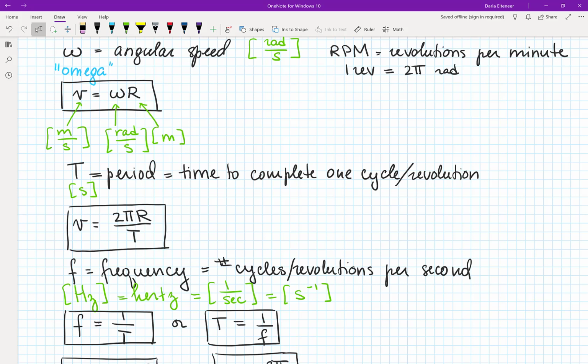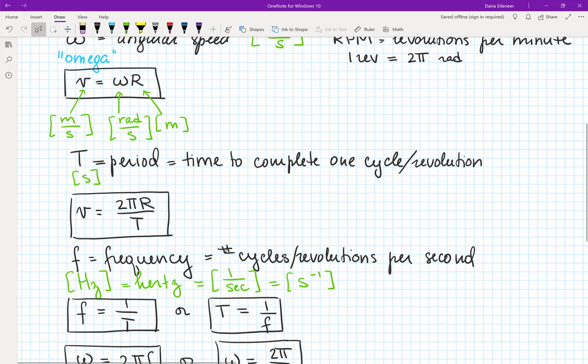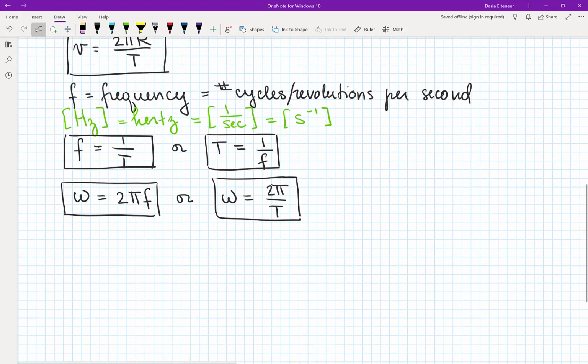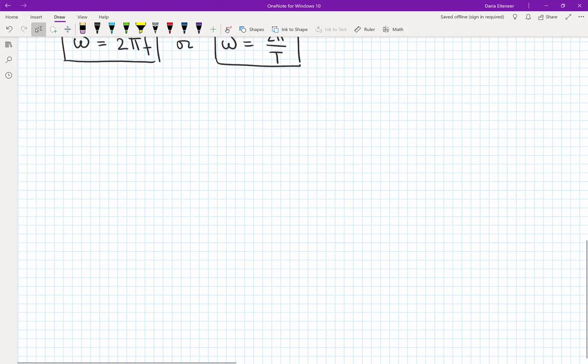The reason that we're talking about circular motion right now is actually not because of all of these quantities, speed, frequency, and all of that. It's because we also need to discuss forces. So we have this centripetal acceleration, right? That's our acceleration towards the center.